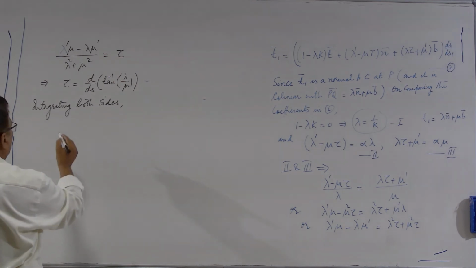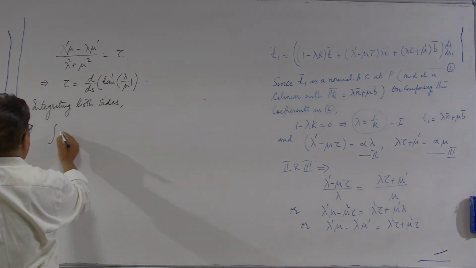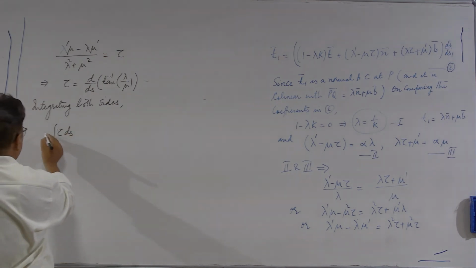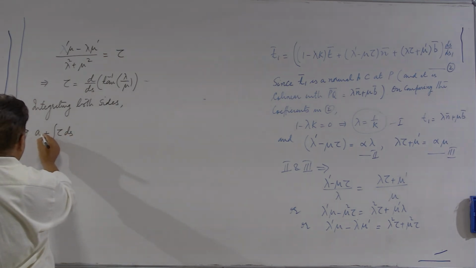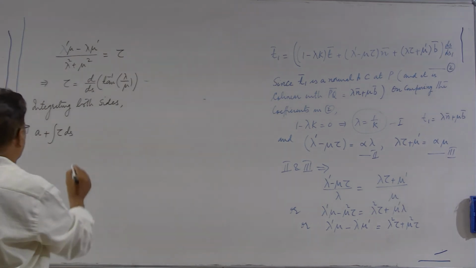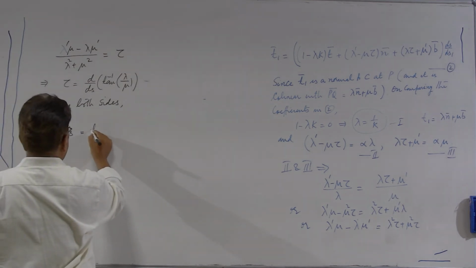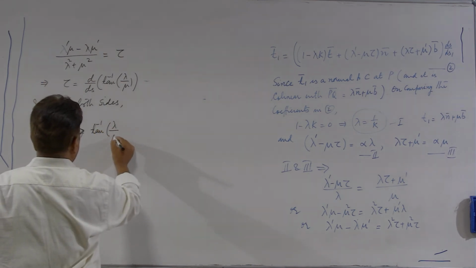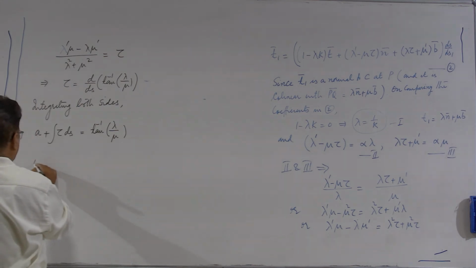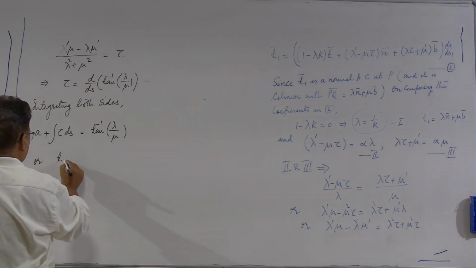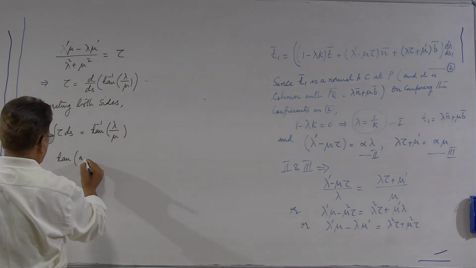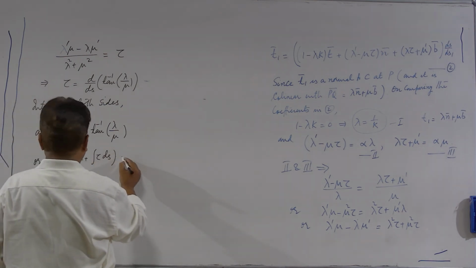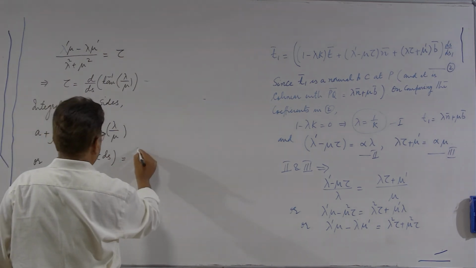You will be having integral tau with respect to ds plus a constant, let me call that constant as a, equal to tan inverse lambda over mu, or I will say that tan of a plus integral tau ds equal to lambda upon mu.